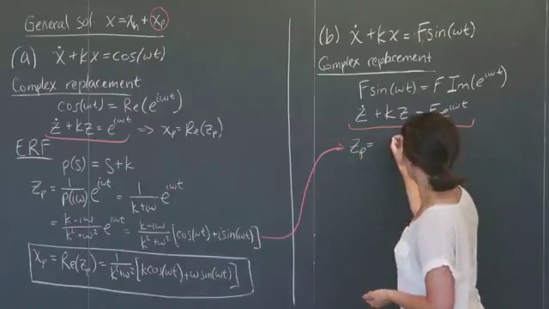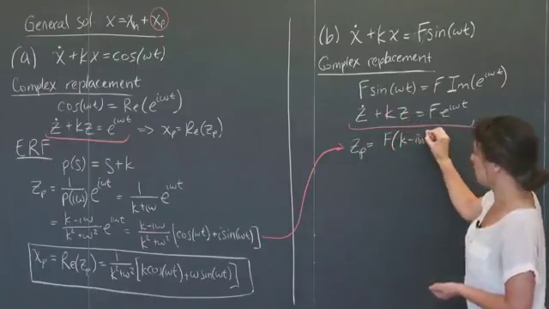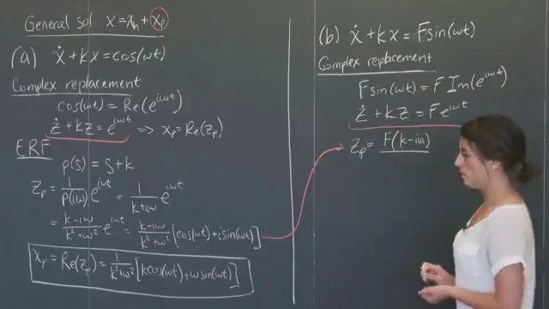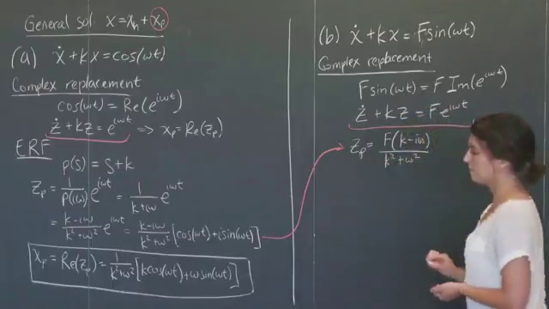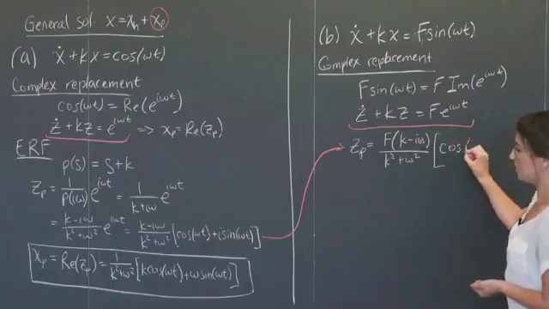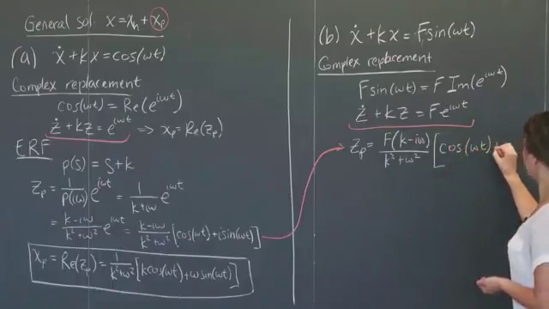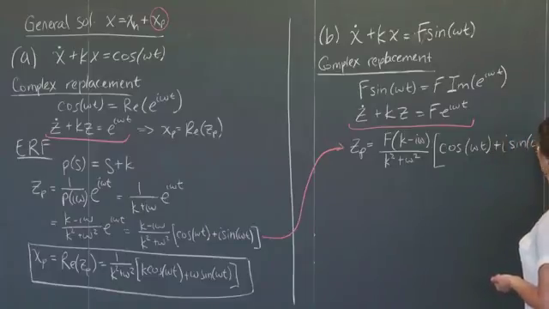So now we have f times k minus i omega over k squared plus omega squared times cosine of omega t plus i sine omega t.